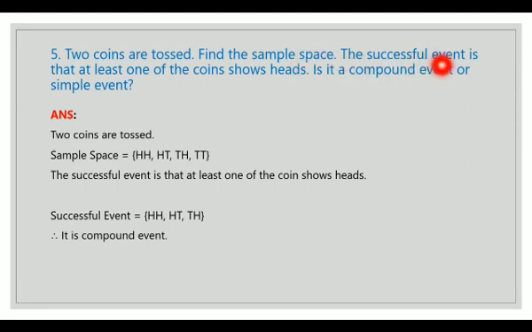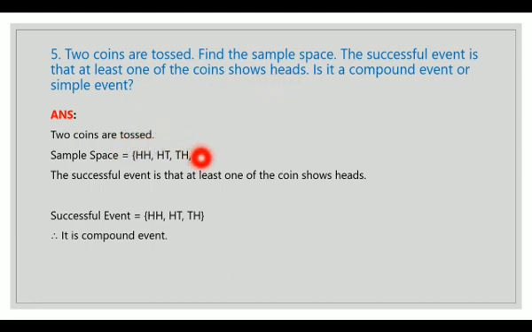The next question: 2 coins are tossed, find the sample space. The successful event is that at least one of the coins shows heads. Is it a compound event or simple event? So 2 coins are tossed. The sample space is HH, HT, TH and TT. The successful event is that at least one of the coins shows heads.